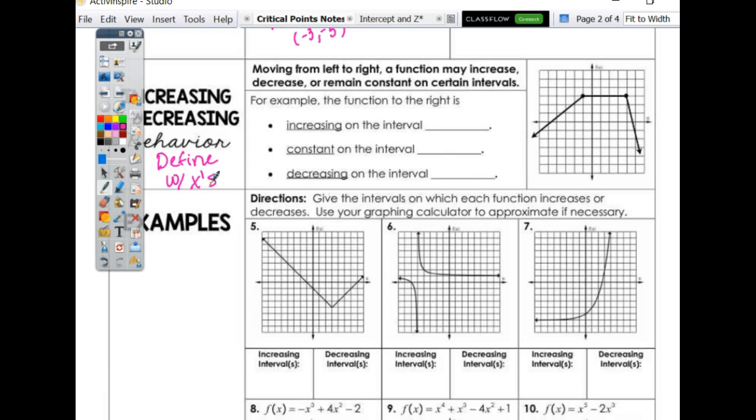So I'm increasing on this interval, so it's negative infinity, and it stops at 1. And I'm going to make it a parenthesis, and I'm going to come back and tell you why. Then it's constant from 1 to 4, and then it's decreasing from 4 to infinity.